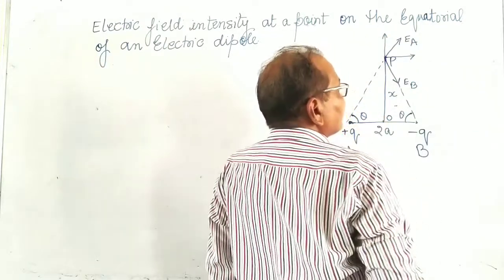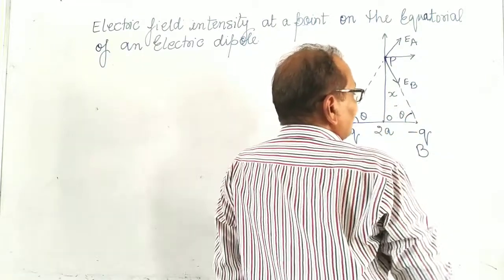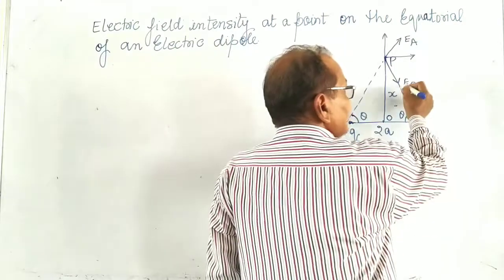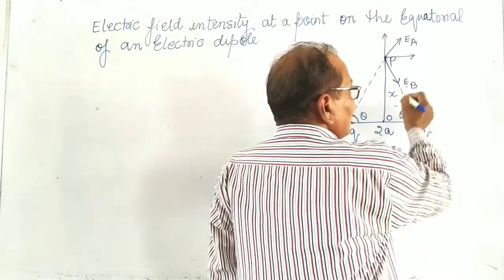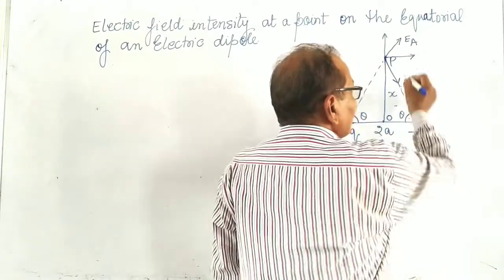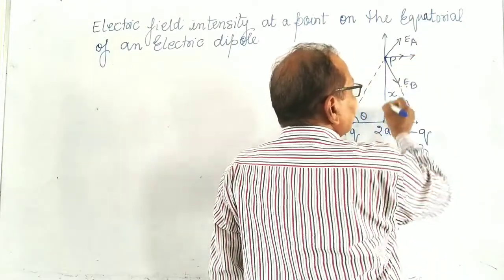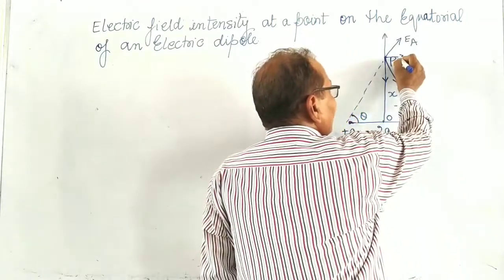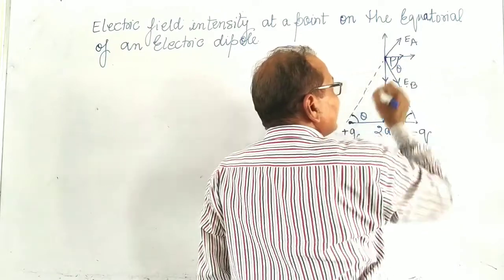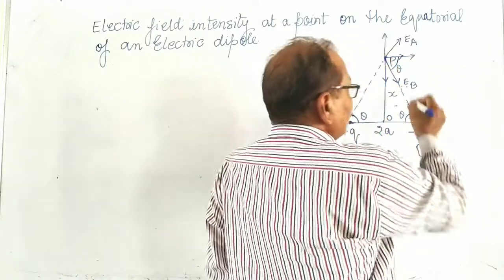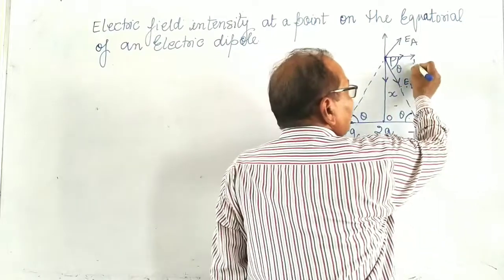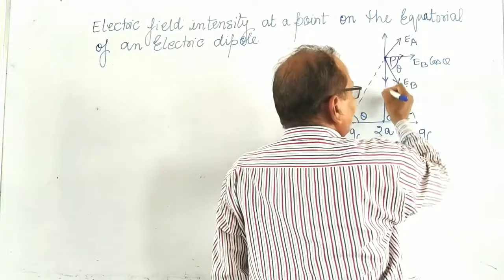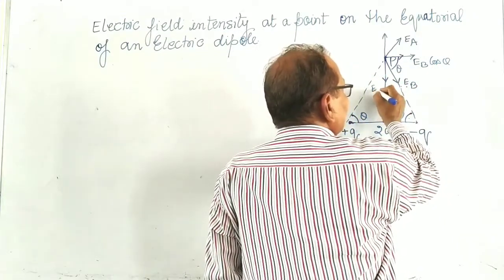Again, this is also theta, this is EB vector. Resolve this vector also. This is one component and this is another component of the vector. This is angle theta, alternate angle. This will be EB cos theta and this component will be EB sin theta.